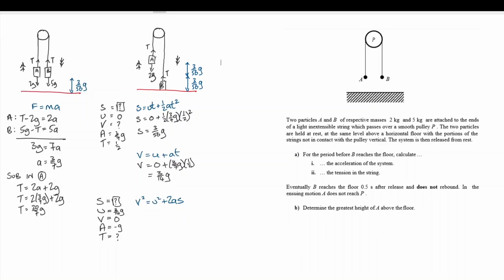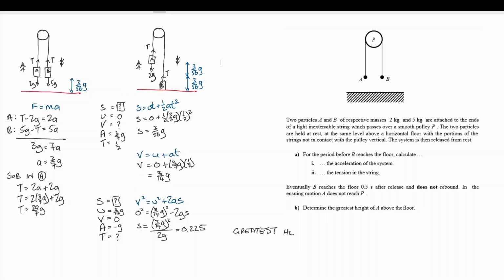And once again, I haven't really gone for a calculator at all. Here we're just demonstrating. The examiner would want you to demonstrate your algebraic manipulation skills. We have 3 over 14g squared minus 2gs. And rearranging, s is going to be 3 over 14g squared divided by 2g.